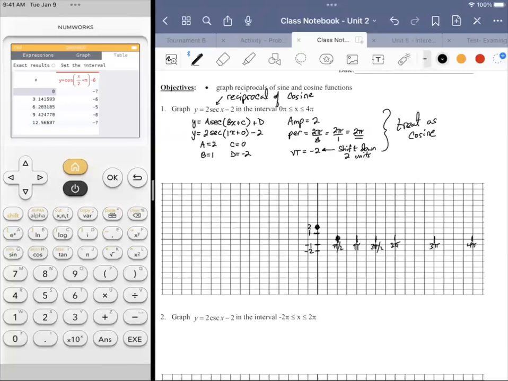At the quarter wave point, I hit the midline. At the halfway point, I hit the minimum, back to the midline, back to the maximum, continue the trend. All right, so this would be an intermediate graph. Make it dashed.